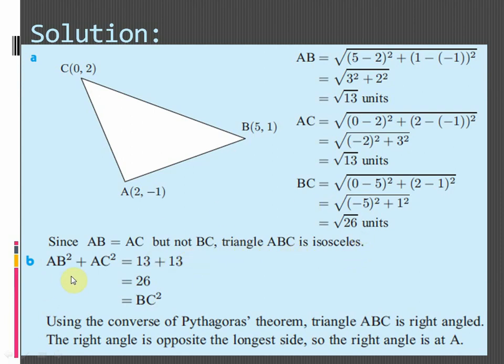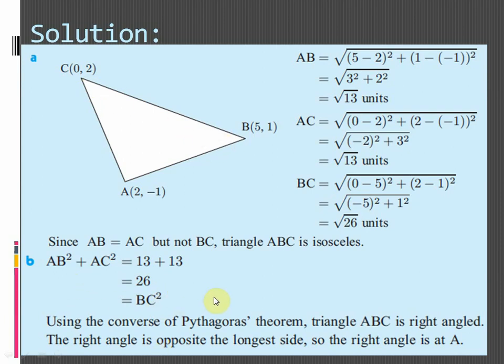Next is part B, where he asks whether the triangle is a right angle triangle. In each right angle triangle, the side opposite to the right angle, the side opposite to the 90-degree angle, is the biggest side. So if we add these two sides, we get the biggest side. This is the biggest side of this triangle, 26, which is BC squared.